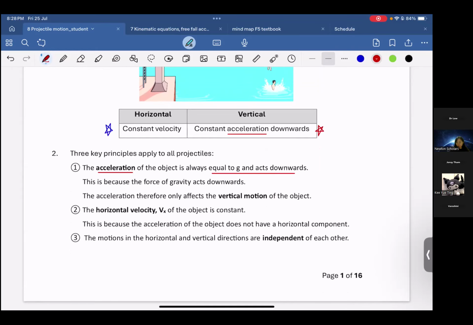So acceleration only affects the vertical, not the horizontal. That's why your horizontal velocity will be constant all the time. Then horizontal and vertical are independent of each other. You have to separate them and calculate.